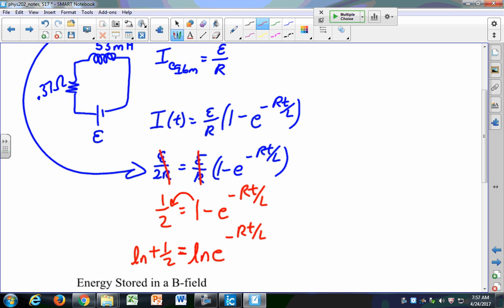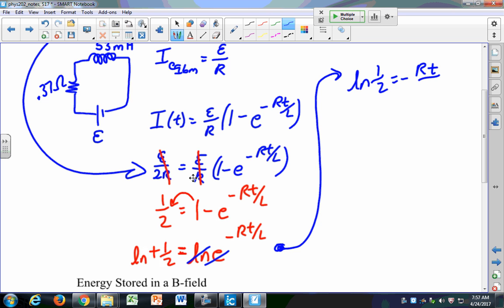And when I do that, it gets rid of that exponential, and I get the natural log of 1/2 equals minus RT over L. And now it's pretty easy to go from here to finding the time. I'm going to call this T 1/2 because it's the time for half the equilibrium current to occur. And so T 1/2 is going to be negative natural log of 1/2 times L over R.